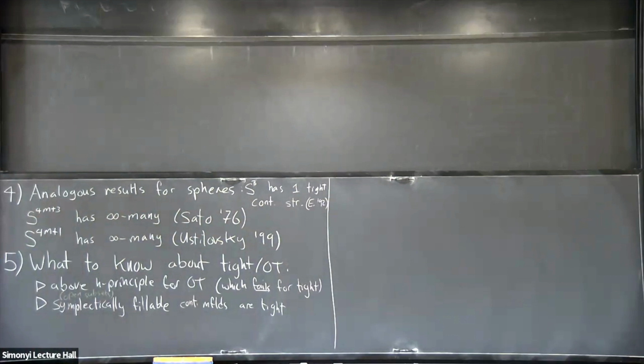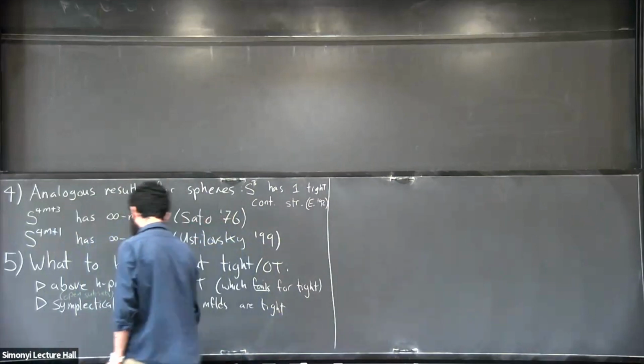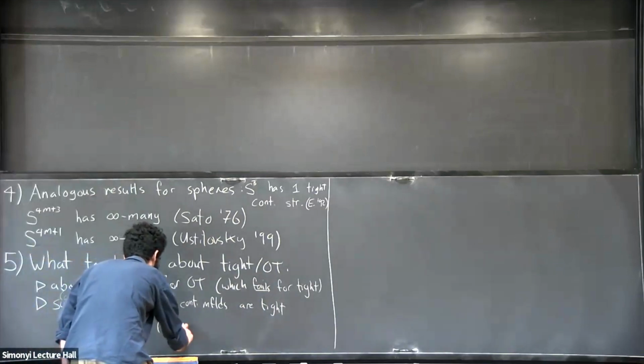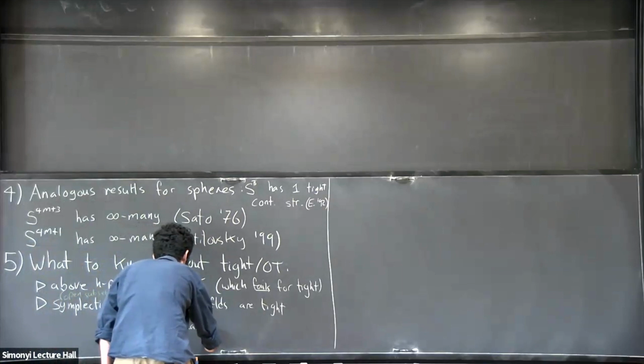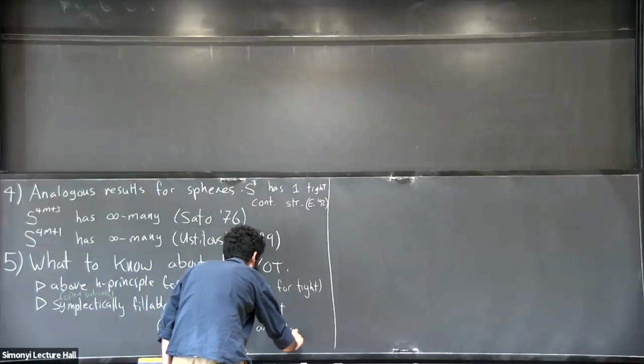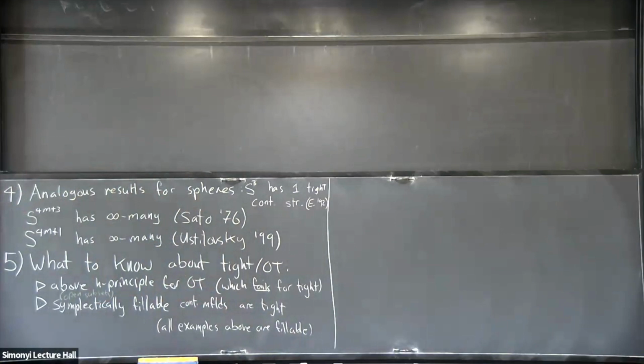So also any open subset of a symplectically fillable contact manifold. In particular, in all of these results on existence of tight contact structures, in each case you actually get a fillable contact structure. That's how you know it's tight. In the case of R^n, it's not that it itself is fillable, but it is an open subset of a sphere which is fillable. Any questions about those things?